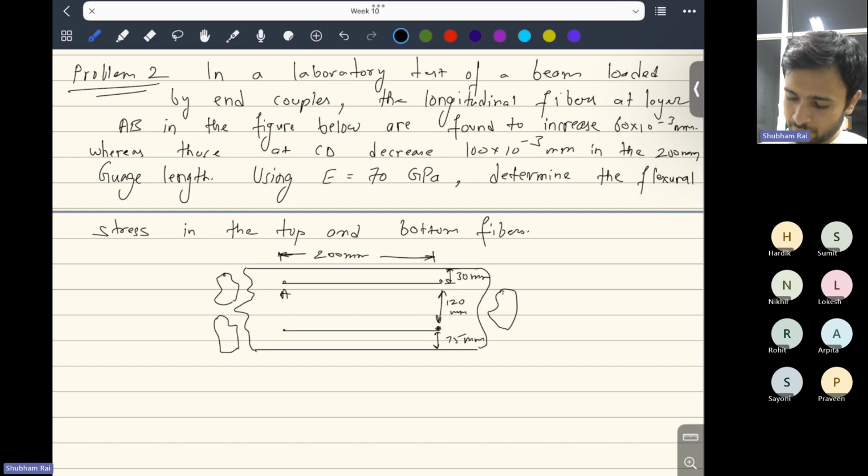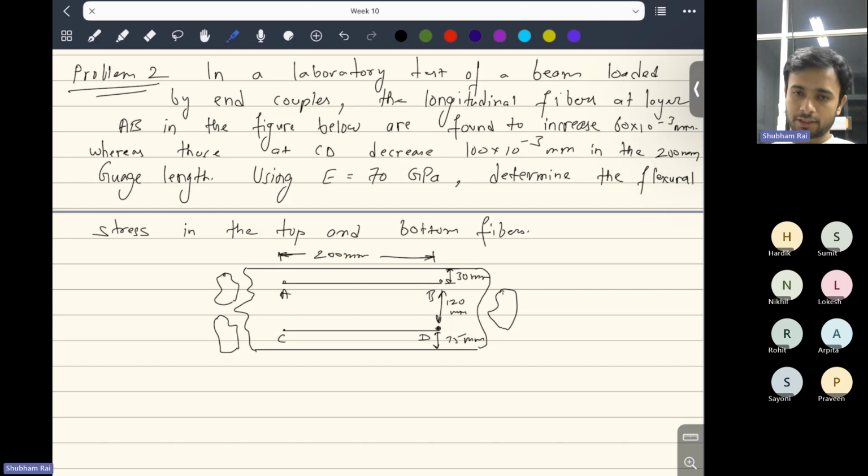And this is fiber AB, which was getting in tension, and this is fiber CD, which is getting compressed. So you have to find flexural stress in AB and CD, or let's say in the top and bottom fibers. That also you can find.